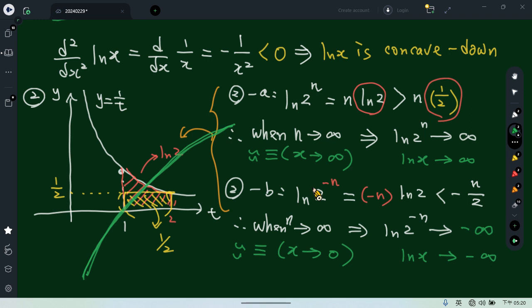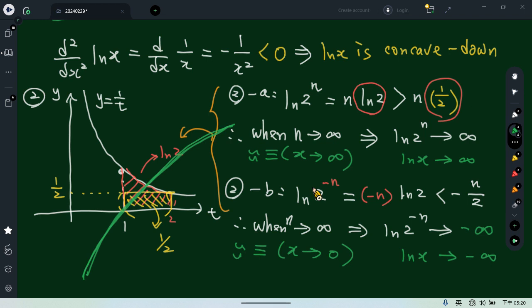As x increases to positive infinity, it goes to positive infinity. And when x passes 1, the curve will pass 0. So finally, this is y equal to ln x.